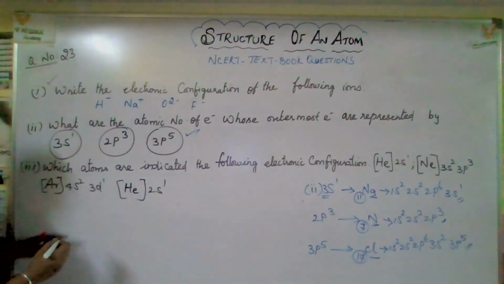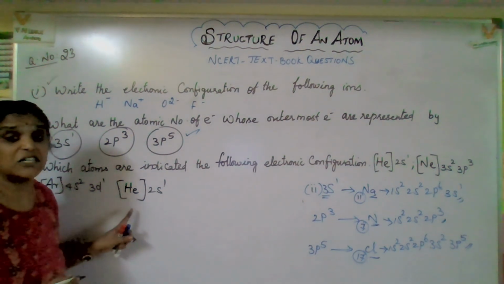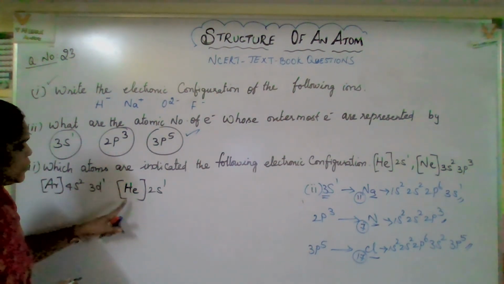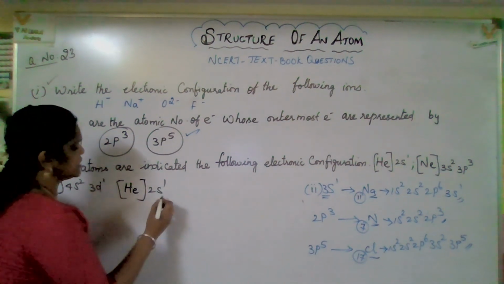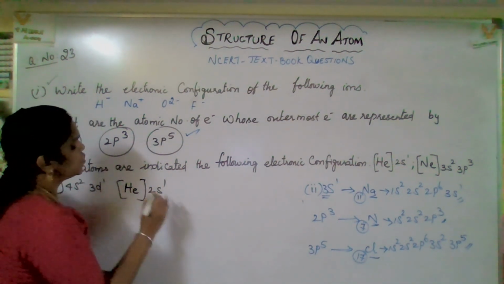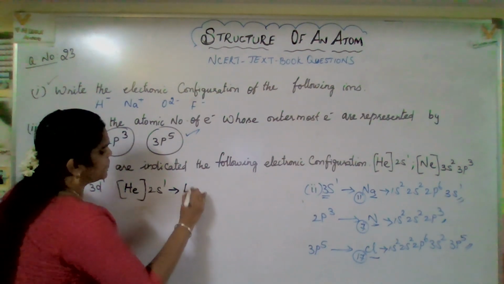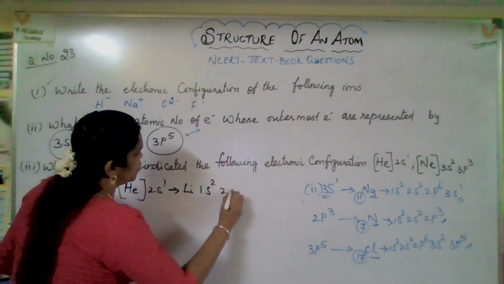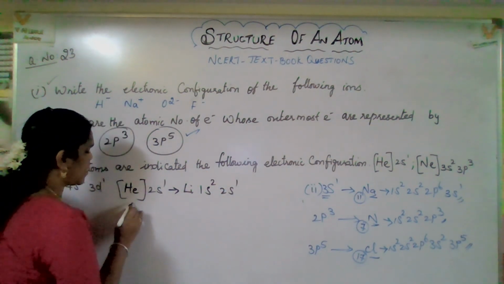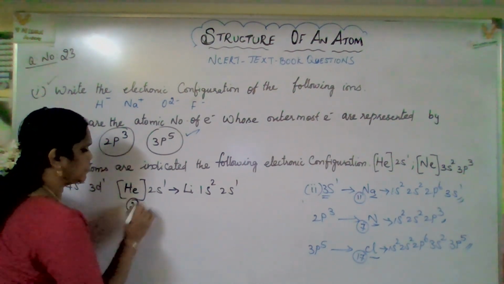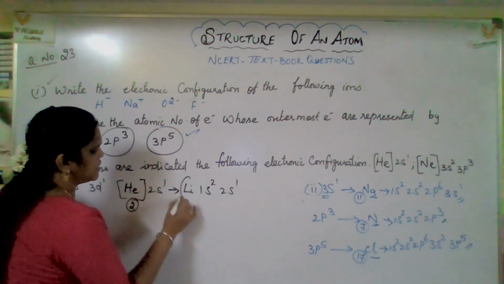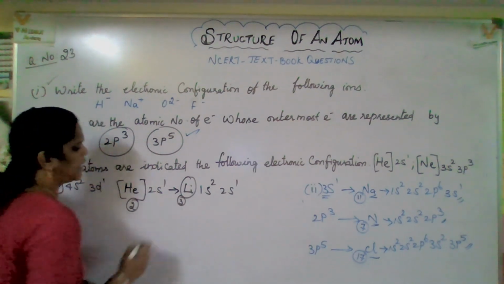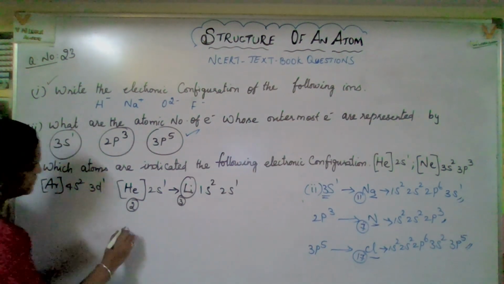So helium 2s1, helium already 2 electrons because it's a noble gas. So helium 2 electrons and 2s1. So 1s2, 2s1. That means lithium. So 1s2, 2s1. So this is already 2 electrons are available. 2 plus 1, 3. So 3, it's a lithium atom. Right? Okay, hope you got a clear idea then.